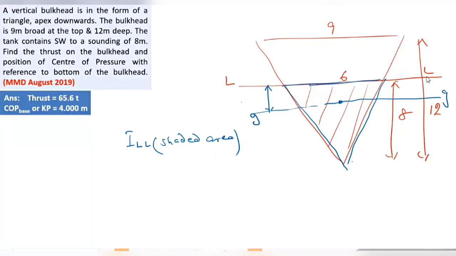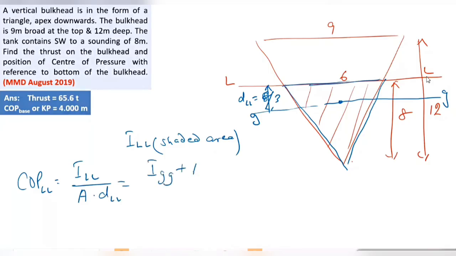GG. This is DLL, 8 by 3. Correct. So you see, COP below the liquid level will be equal to ILL upon A into DLL. ILL will be equal to IGG plus area into DLL square, upon A into DLL. IGG will be BD cube upon 36.